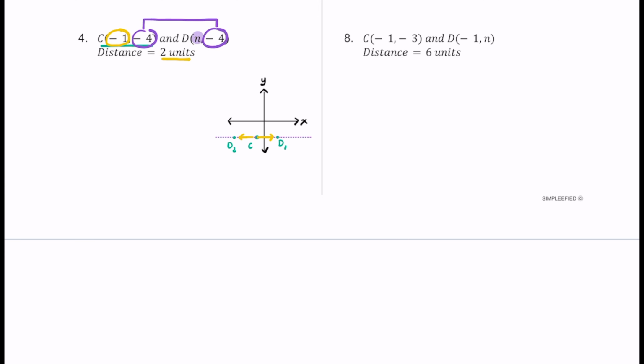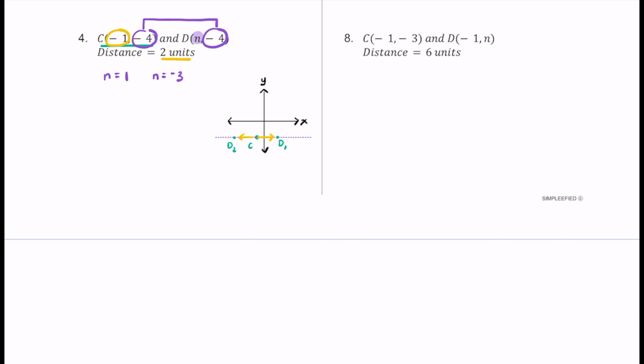Those are 2 possibilities. All right, so for D1, if we started at -1 here and moved 2 units to the right, we should be at +1. So then n would equal +1 if we went 2 units to the right. But then what if we were at -1 and moved 2 units to the left? That should bring us to -3. So n could also equal -3.